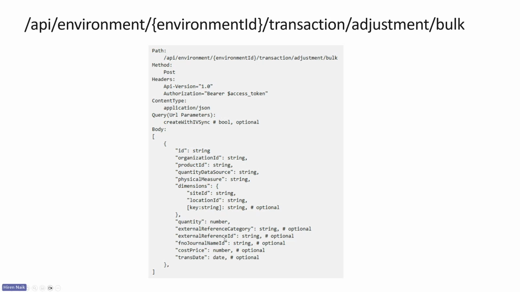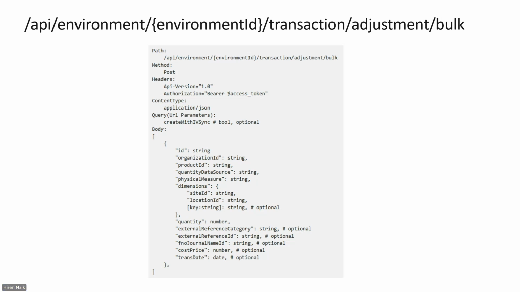You can also store the reference ID, if there is a unique identification for the inventory adjustment. You can also specify a specific FNO journal name ID, meaning that the aggregated transactions will be posted into Dynamics 365 SCM using this inventory adjustment journal, so that you have a clear way to identify some of the inventory adjustments by using the specific journal name ID.